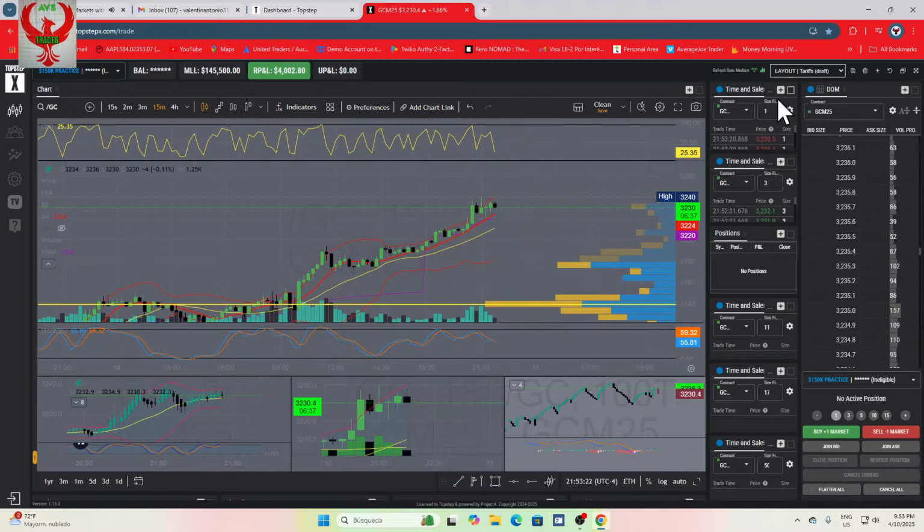All right, let's see. Maybe we could come up and see these 80s. Next zone. This is that first zone I was looking at that we are now seeing as resistance. Why not sell them all?